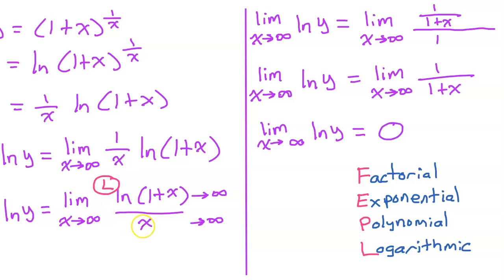In the denominator, this is a teeny tiny polynomial. So we have a polynomial expression in the denominator. Polynomial expressions grow faster than logarithmic expressions. So while the numerator is approaching infinity, it is approaching infinity slower than the denominator. The denominator is approaching infinity faster.